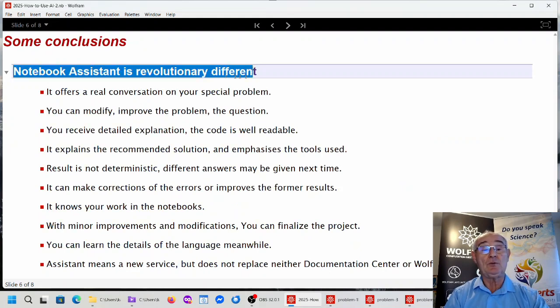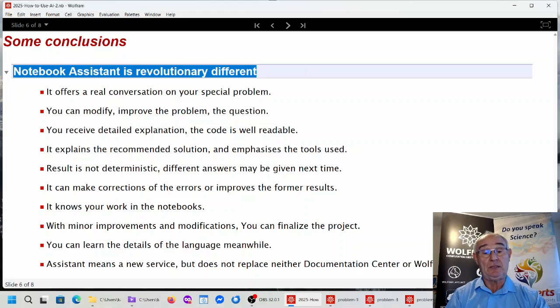We can see that the Notebook Assistant is really revolutionarily different from the Documentation Center and Wolfram Alpha. It offers a real conversation on your particular problem. You can modify and improve the problem and the question. It explains the recommended solution and emphasizes the tools used.